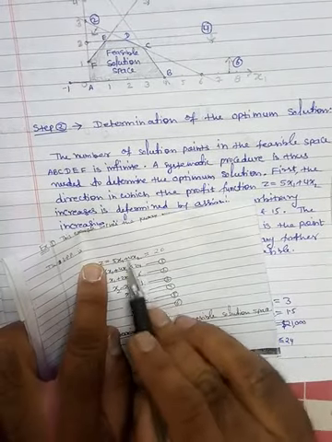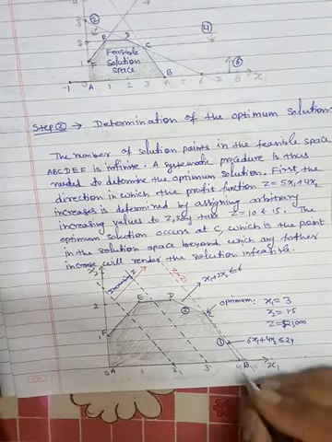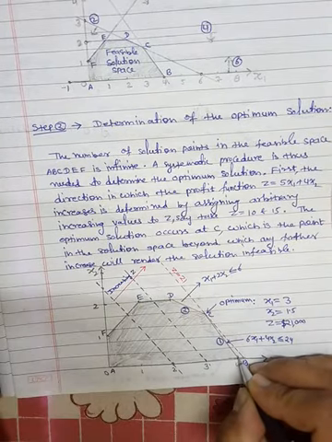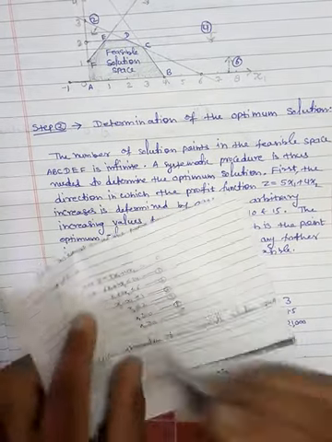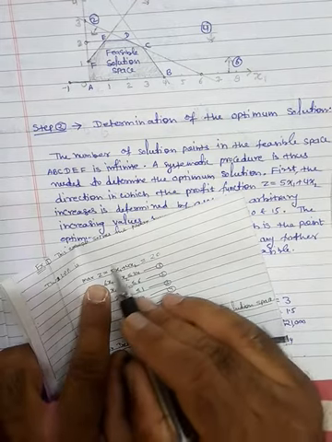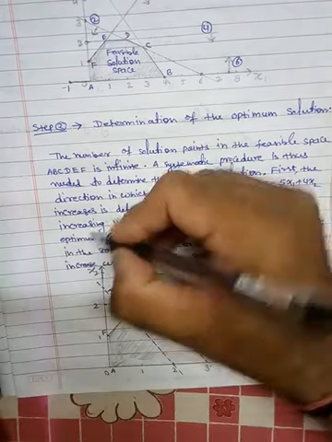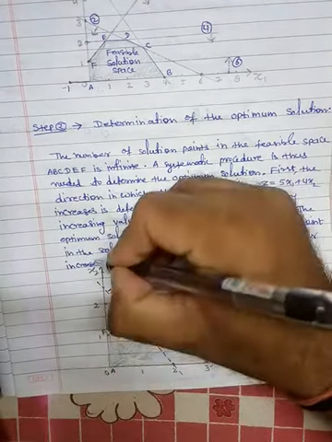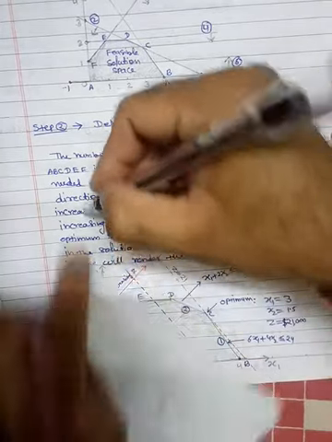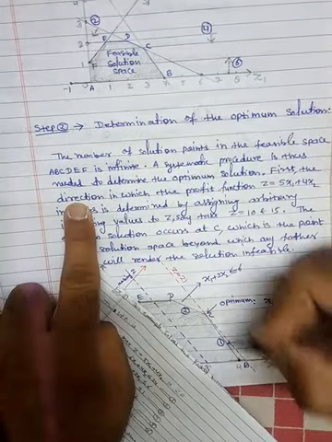When you put x2 equal to 0 we get 4 somewhere here, and when you put x1 equal to 0, x2 will be 5, somewhere here, 1 2 3 4 and 5. When you join them, we will get a line here.